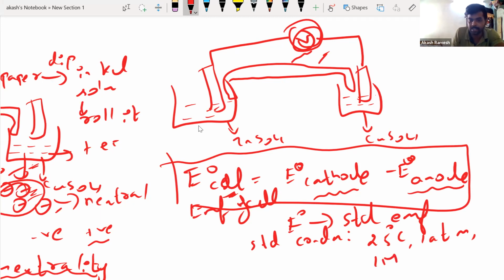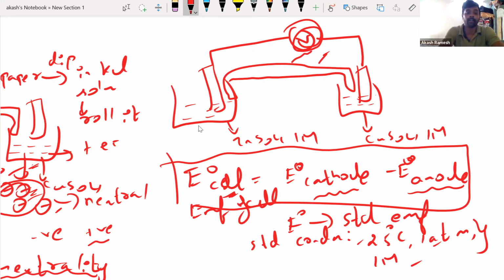If in these conditions you measure the potential difference, that is what is called standard EMF. What are the conditions? 25 degrees room temperature, 1 atmospheric pressure, and the concentrations of all the electrolytes should be 1 M. So basically, zinc sulfate should be 1 M, and copper sulfate should also be 1 M.